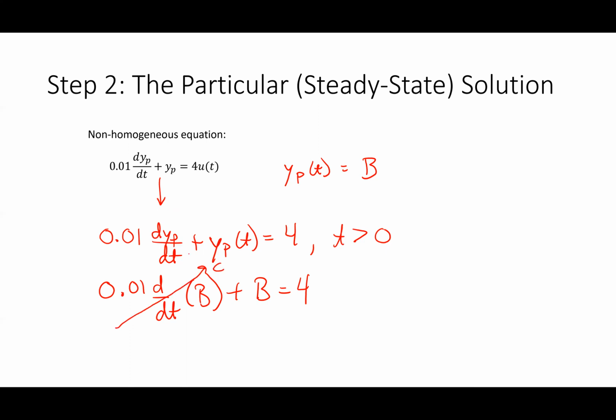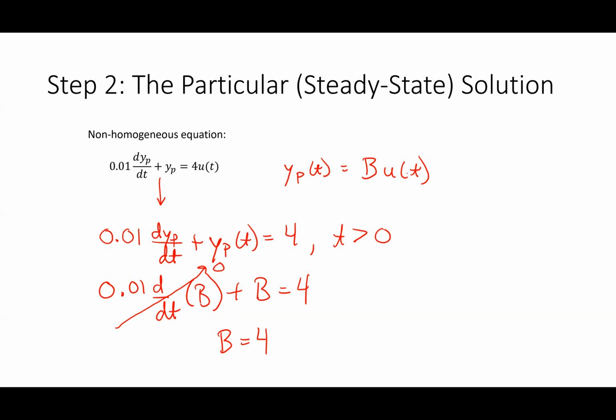So that term zeroes out, and I know that b equals 4. So that tells me that y sub p of t, I should be really careful about this, is really b times u of t. That's because this is only true, there is no solution before I apply an input. So normally I will make sure to tell you, you have to tell me for what times it is true.